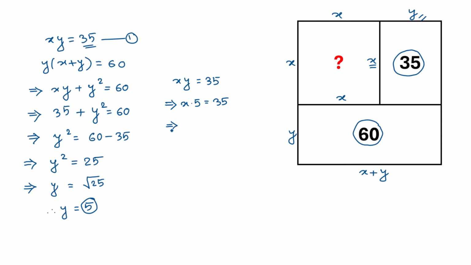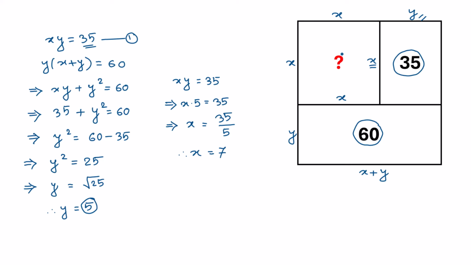Or dividing both sides by 5, we can write x is equal to 35 over 5. So the value of x is equal to 35 divided by 5, which is 7.